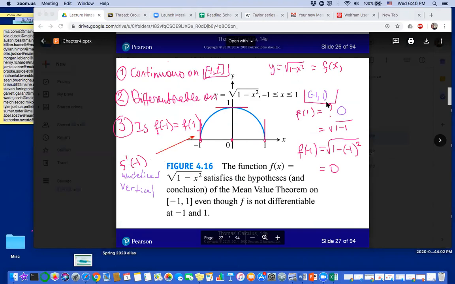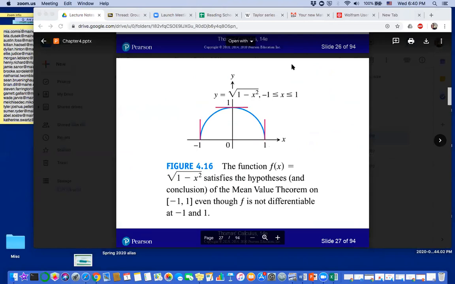But Rolle's theorem holds perfectly correctly. So it's an example of where it's not necessary to have differentiability over the entire interval. It is enough to have the function be differentiable only on the interior. Okay, I'm going to clear all my drawings, and I'm going to go back for a second.